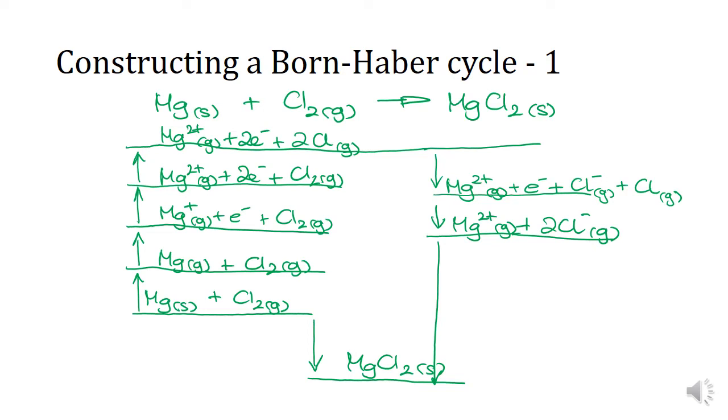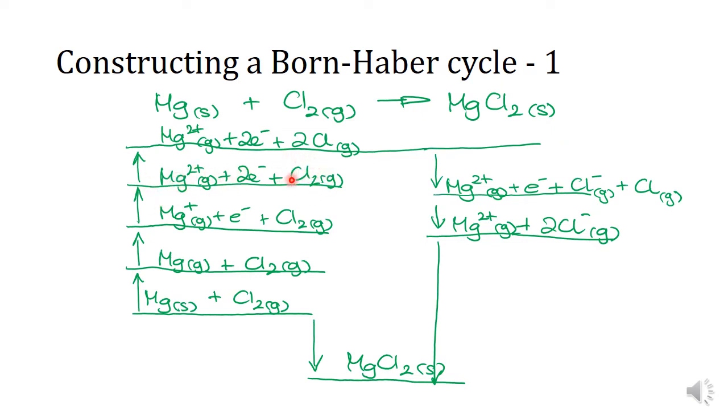Let's talk through this process again. In order for us to turn solid magnesium and gaseous chlorine molecules into the ionic substance magnesium chloride, I need to turn my solid magnesium into gaseous magnesium. I then need to turn my gaseous magnesium into a magnesium 1+ ion and then a magnesium 2+ ion.